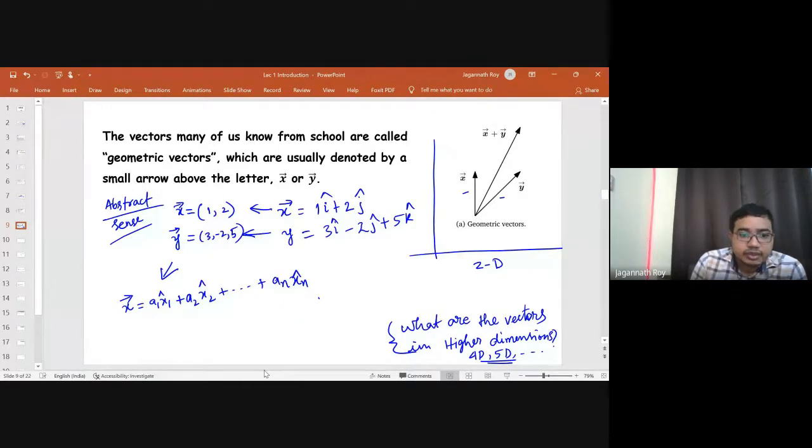Then x is the vector (a1, a2, ..., an). So this is a vector also.